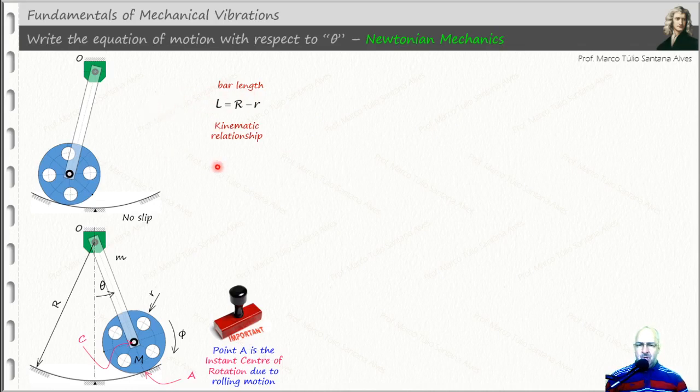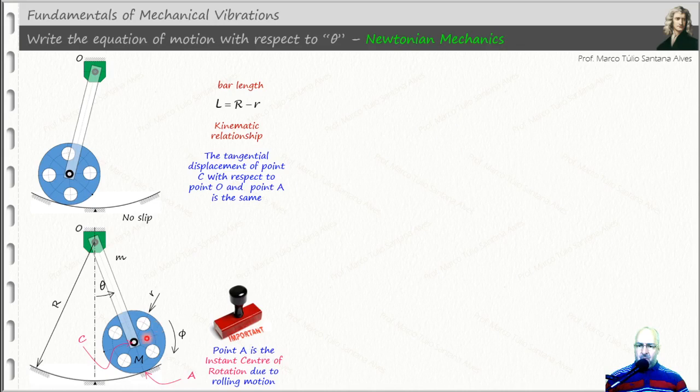It's necessary to know the kinematic relationship to couple the variable theta and the variable phi. Let's remember that the system has one unique degree of freedom. For this reason, we need to find a way to couple both variables.